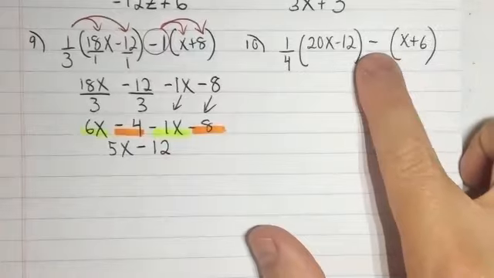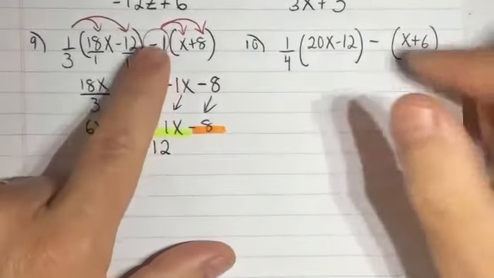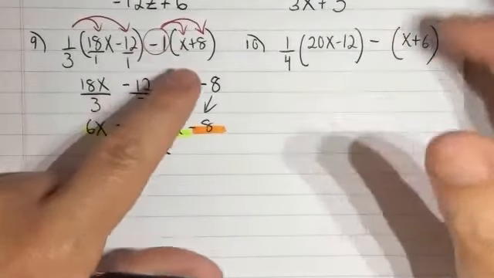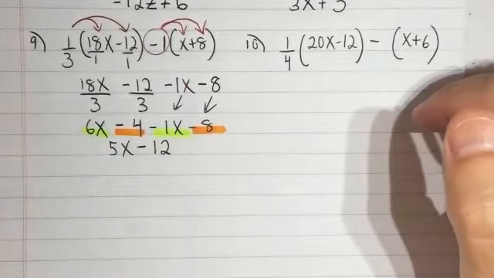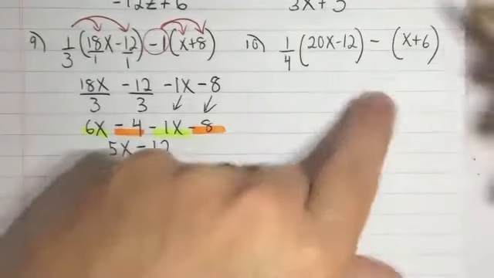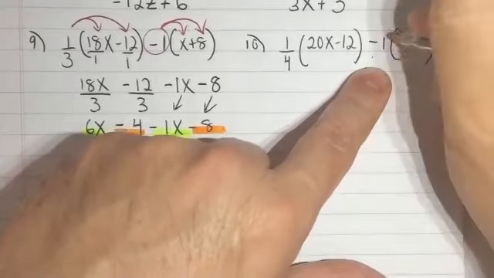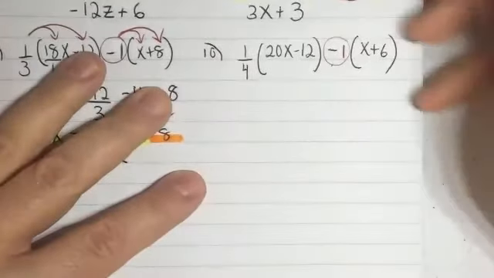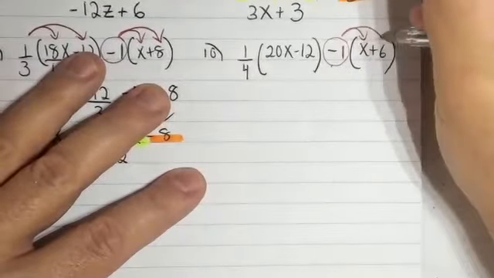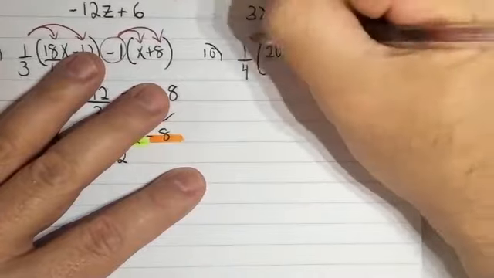So again, you're going to see that, just like you saw here, a few times in this lesson. Okay. So again, always remember, we've got a -1, and you're going to take that -1 and distribute it. Okay, just like we're doing with this fraction here.